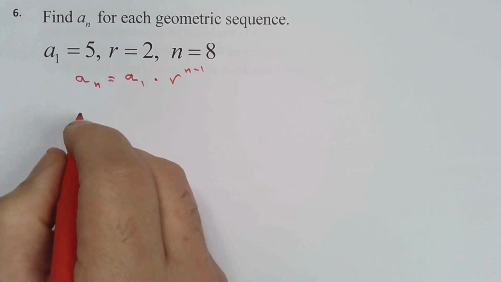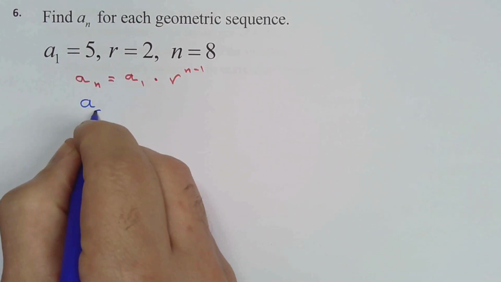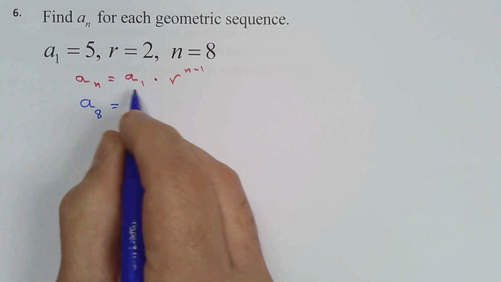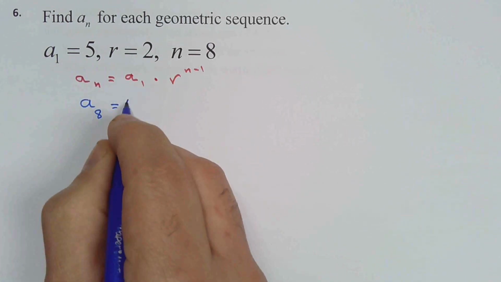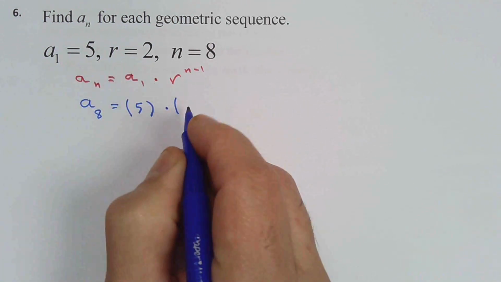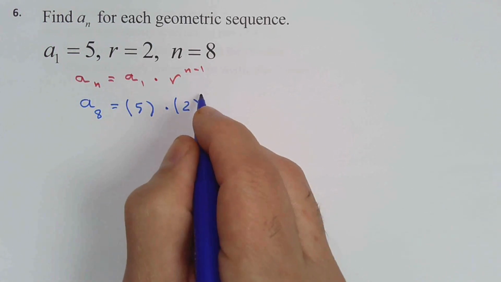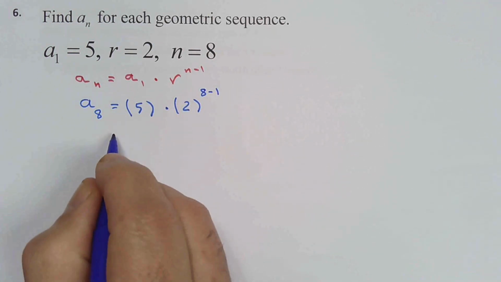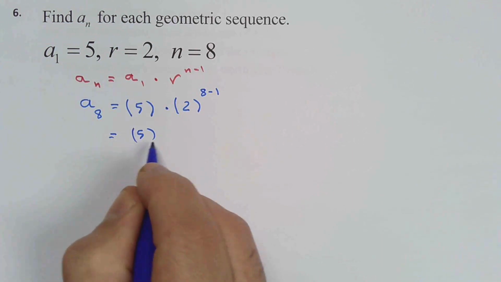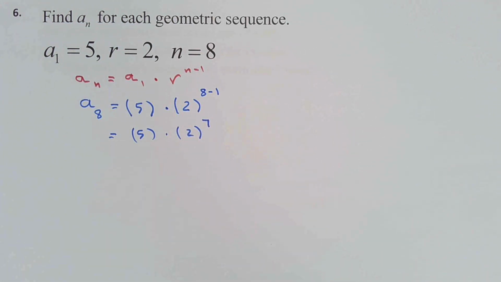In this case, it's a sub 8, the 8th term. The first term, a sub 1, is 5. So I'm going to write 5 multiplied by r, which is 2, the common ratio, to the power n minus 1, that's 8 minus 1. So it's 5 multiplied by 2 to the power 7.